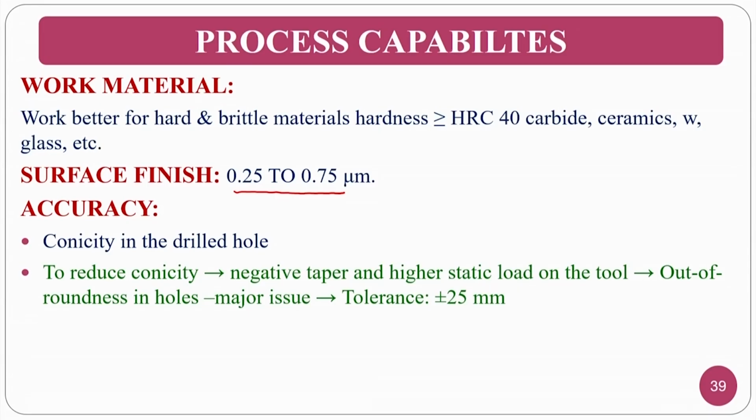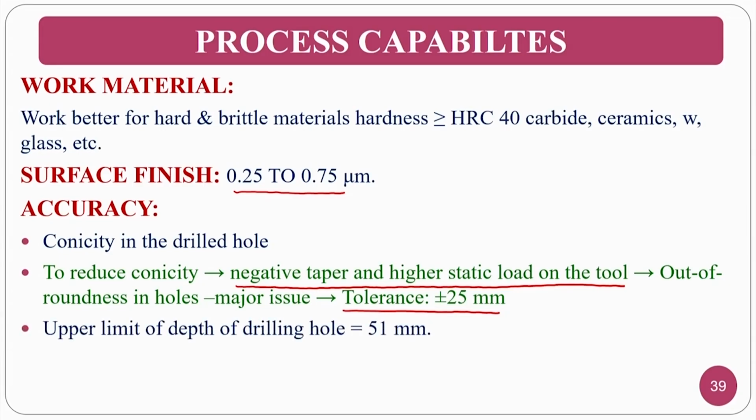To reduce the conicity, normally what you have to provide is a negative taper, and a high static load to the tool can be given. Out-of-roundness in the holes is a major issue, and good tolerances you can achieve. The upper limit of the depth of the drilled hole is 51 mm, even up to 150 mm in special cases.